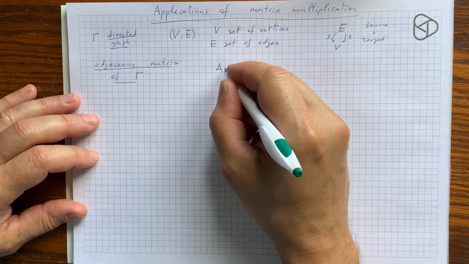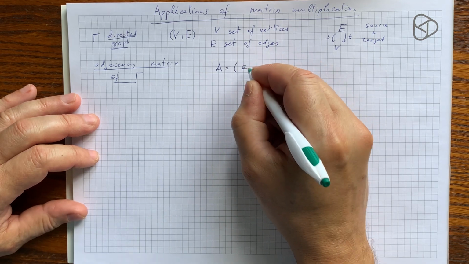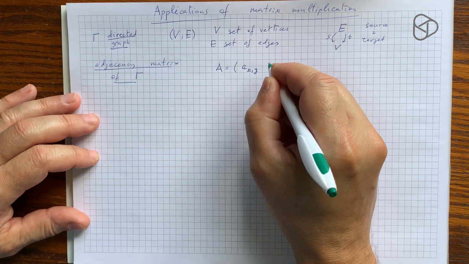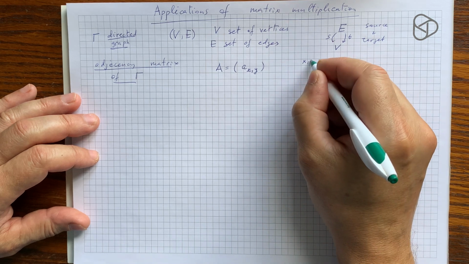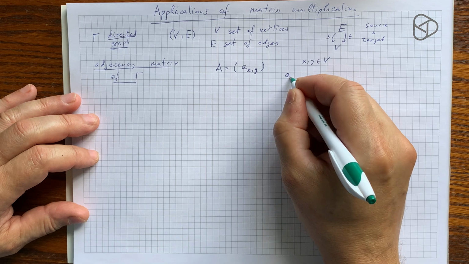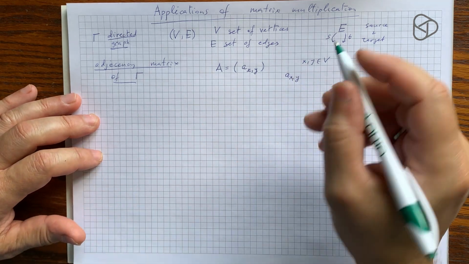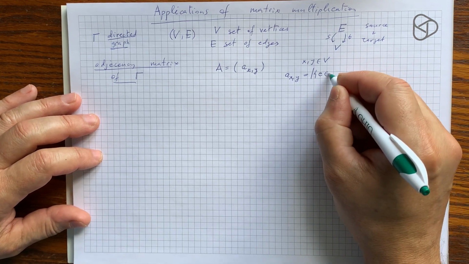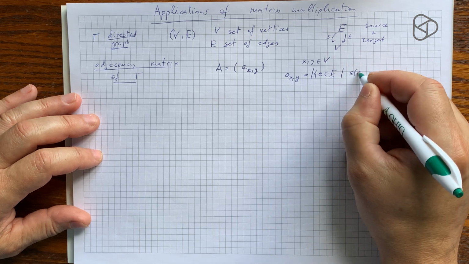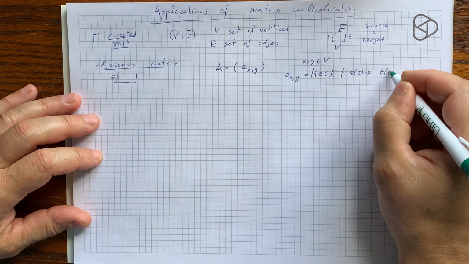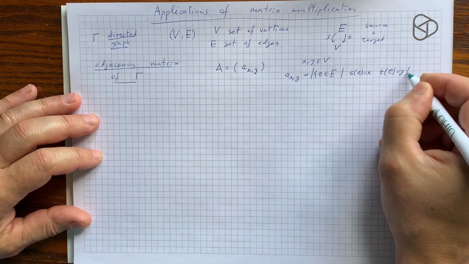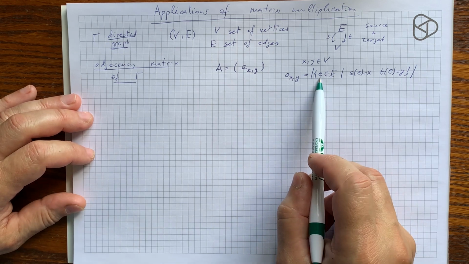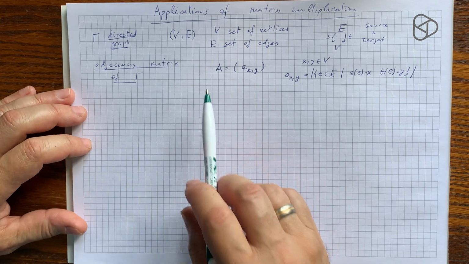So rows and columns are labeled by vertices, and the position labeled by vertex X for the row and vertex Y for the column will be a natural number, which is just recording how many edges we have starting at X and ending at Y. So matrix entries are just counts of edges starting and ending at certain places.